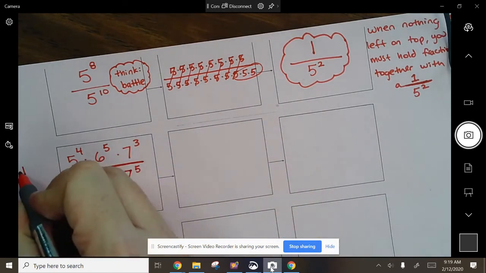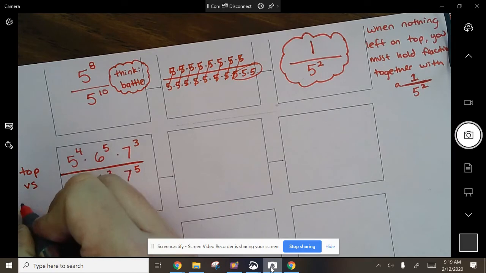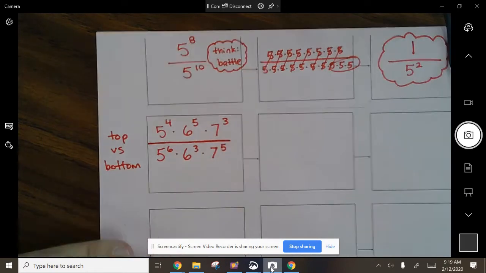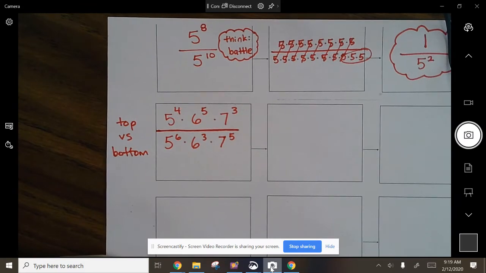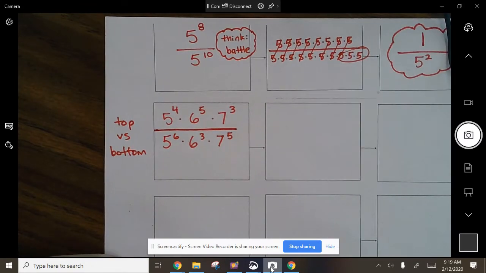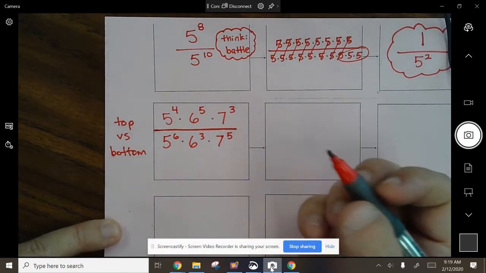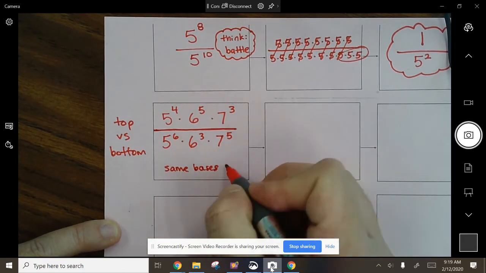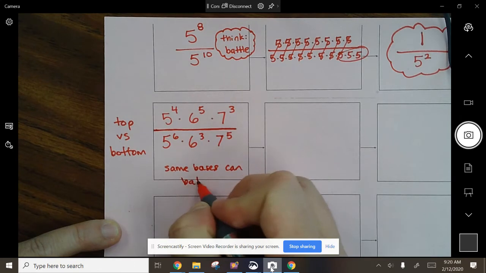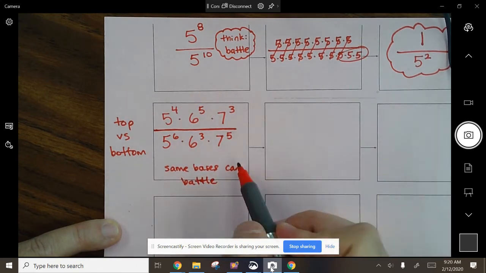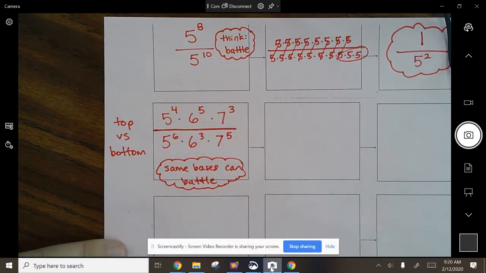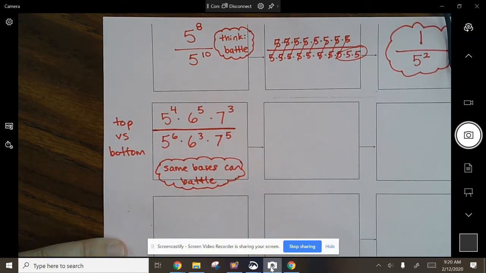Again, it's top versus bottom in the battle here. Remember, only the same bases can battle. That's a reminder from yesterday. Only the same bases are allowed to battle.